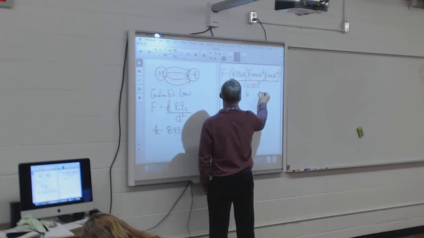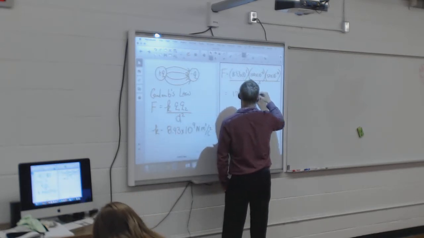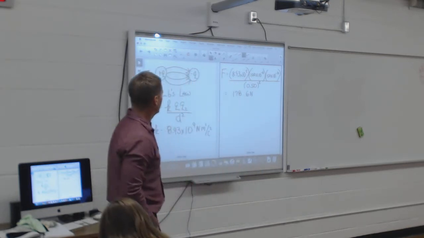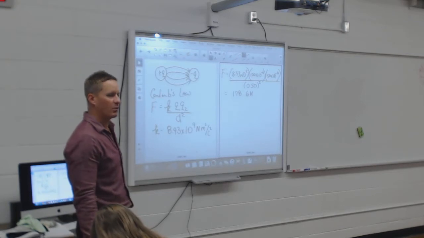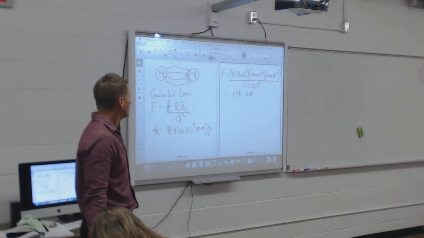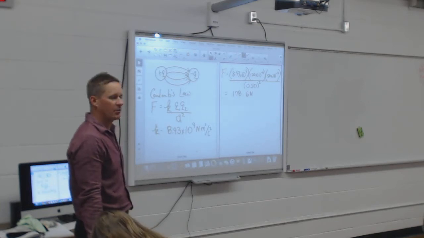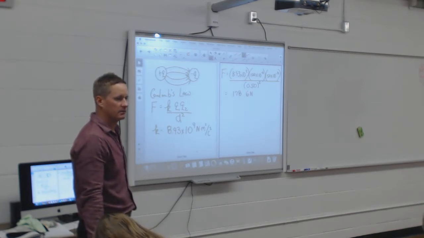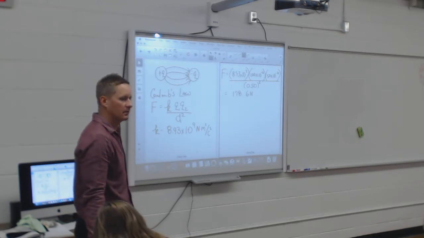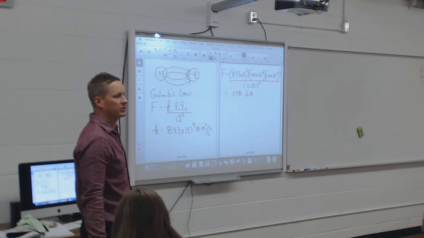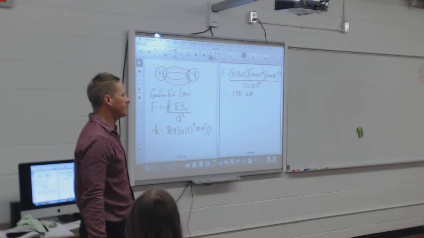So 8.93 exponent 9, times 100 exponent negative 6, times 50 exponent negative 6. I had positive 6, that's the problem. Anybody else not get that value?